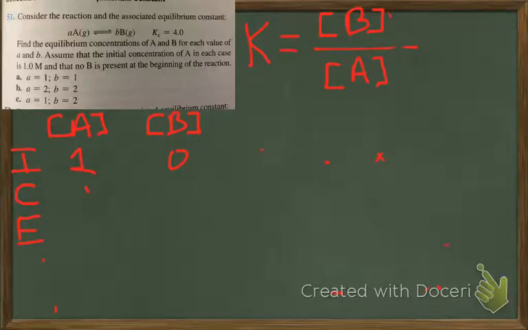Now, here, it says that for B, little a equals 2 and little b equals 2. So how does that change my k expression? Okay. So now, in B, I have the same initial conditions. What's my change going to be for A? What goes right here?